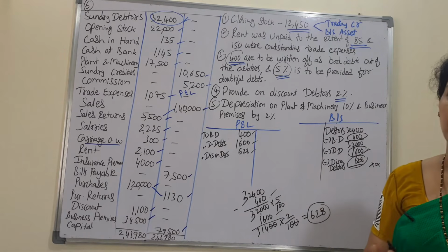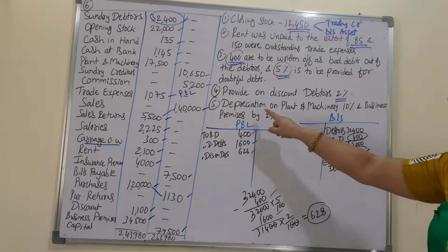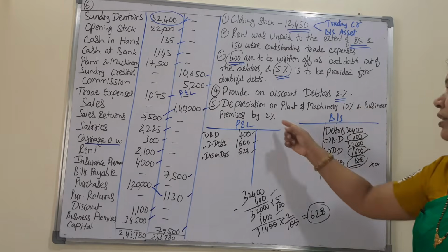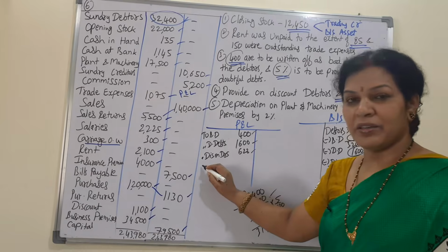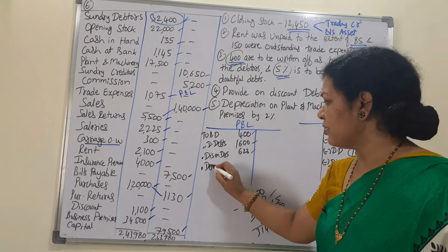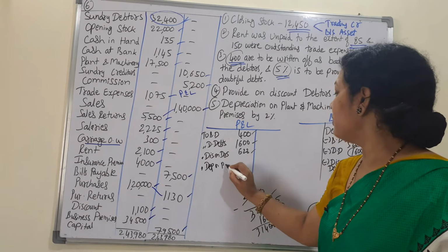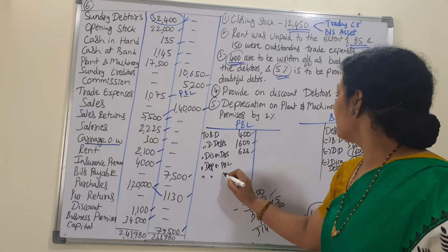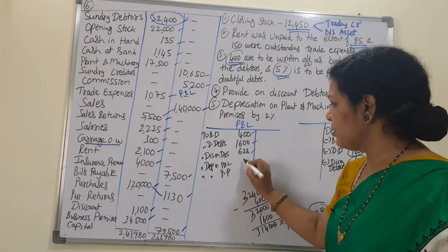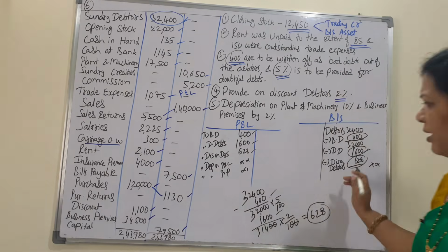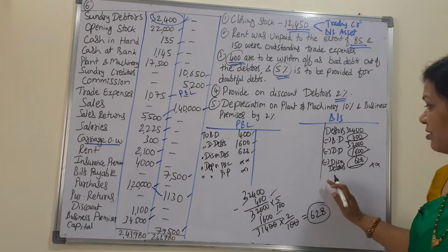Simple. This you remember. Next one, depreciation on plant and machinery 10% and business premises 2%. Always you will write depreciation on plant and machinery and depreciation on business premises on the debit side, whatever amount it is, and in the balance sheet you will be deducting this.